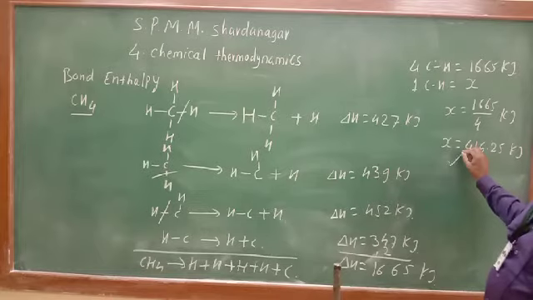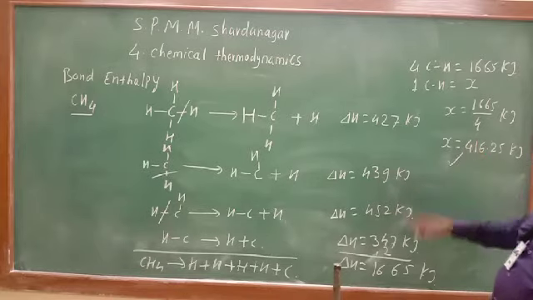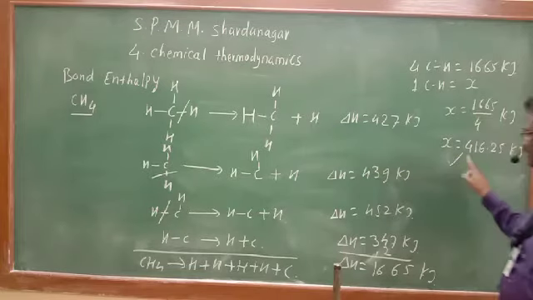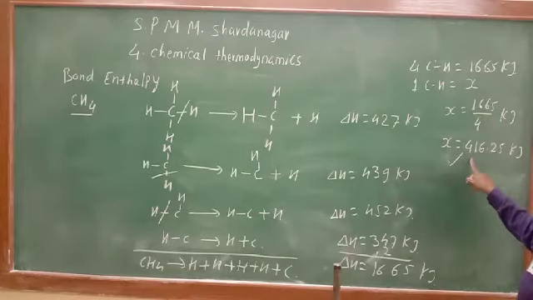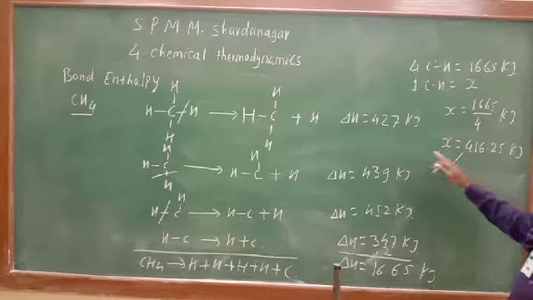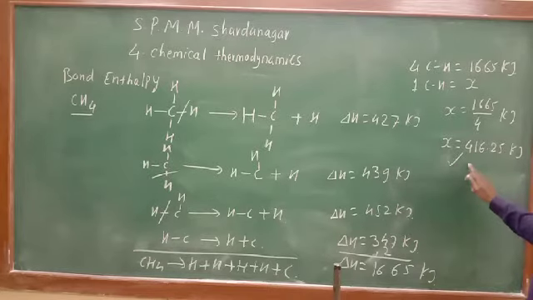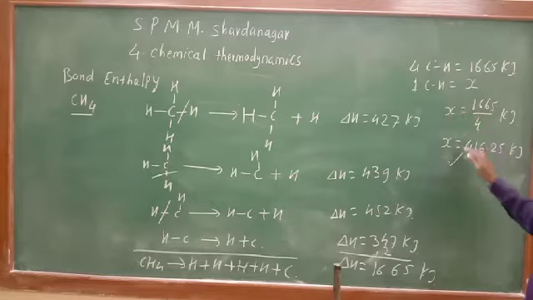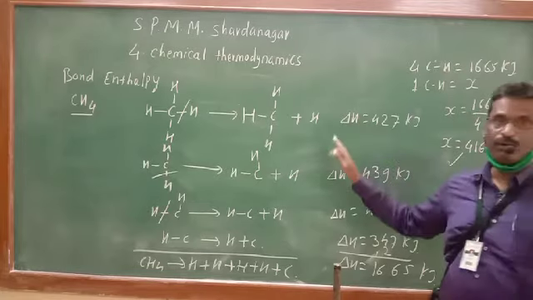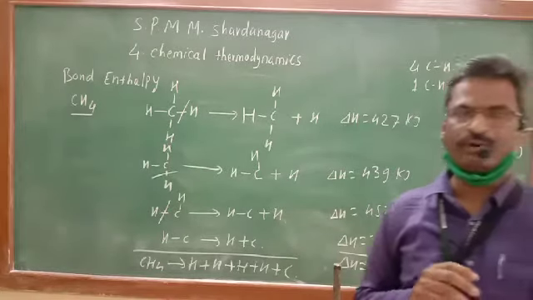Bond enthalpy considered to break a CH bond is this value, and this is not matching with the first or second or third or fourth. It is totally different, and it is obtained as follows. Is it absolute value or is it average value? It is the average value. So average value is taken in case of bond enthalpy of polyatomic molecules.